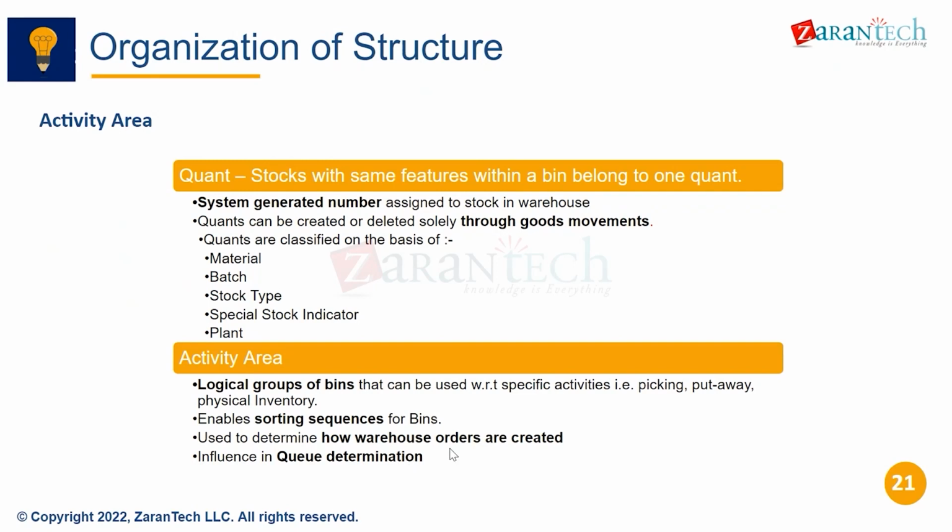Suppose you are moving multiple, different products from particular bins or different bins, then you can have multiple warehouse tasks in a warehouse order. A warehouse order is a group of warehouse tasks, and that warehouse order can be assigned to a particular user.